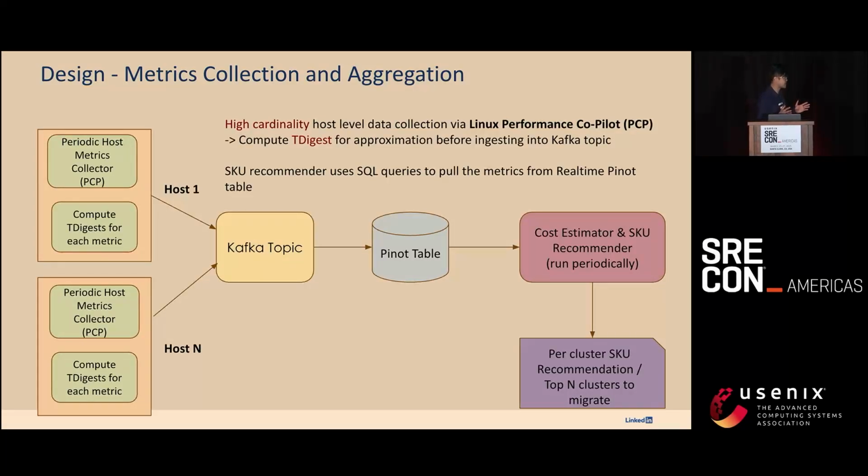These T-digest points are serialized in bytes, and we publish them to a Kafka topic. Eventually, it gets ingested into a Pinot table. And we use this compressed view of the distribution to do the recommendation, which is what we previously used for all this percentile work.